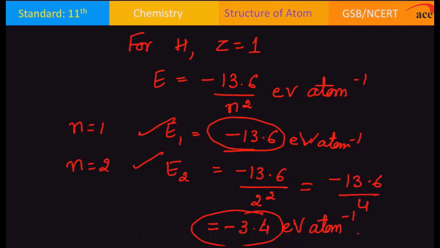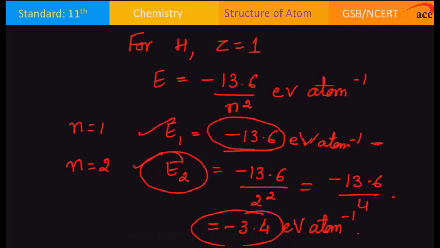It means the substance is having minus 13.6 less. And here the energy is just minus 3.4 less. So where is the energy more? In the second orbit. So what you conclude, as you move away from the nucleus, energy will increase.